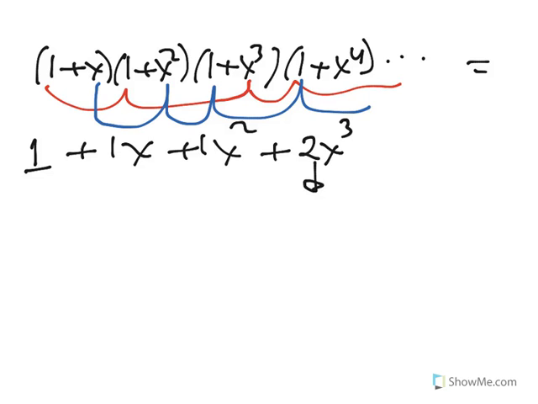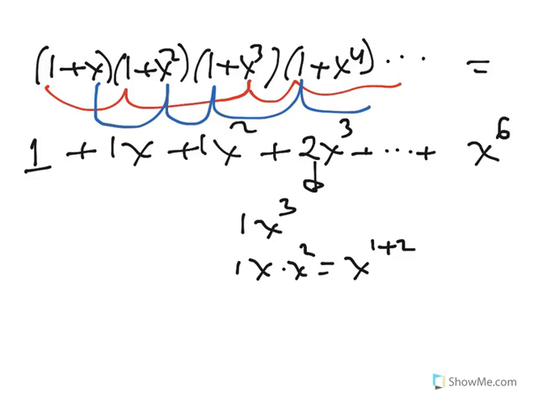If I wrote those terms out separately, one of them would be 1x cubed. The other one would be 1x times x squared, which is x to the 1 plus 2. And further on down the road, there's going to be an x to the 6th term.